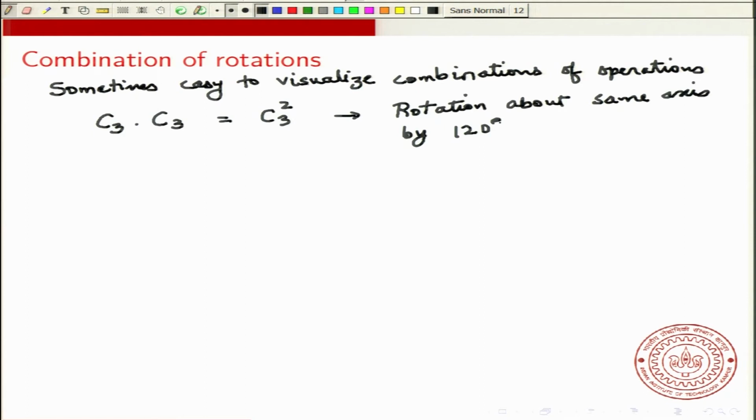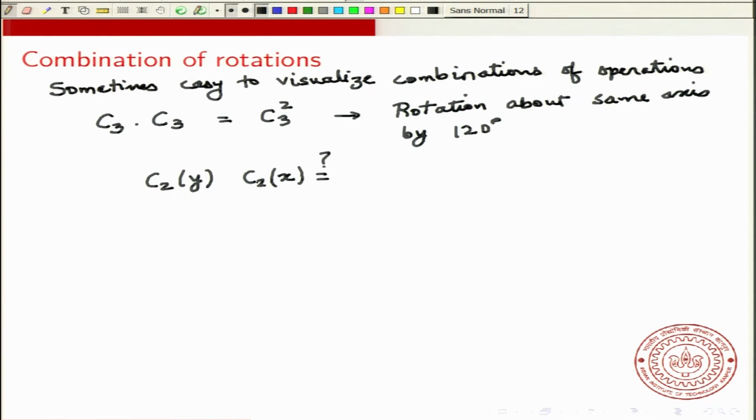Okay. Another example, suppose I take C2x and I follow it by C2y. Suppose I take C2y times C2x. Now, what does this give?